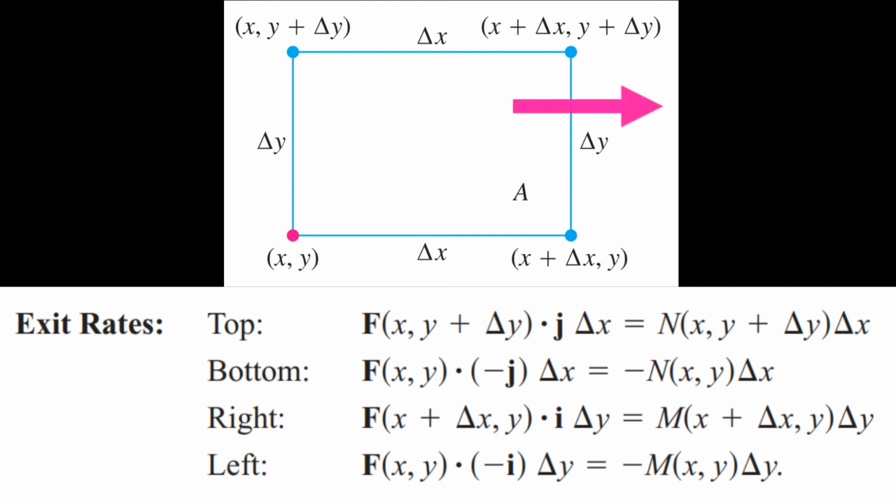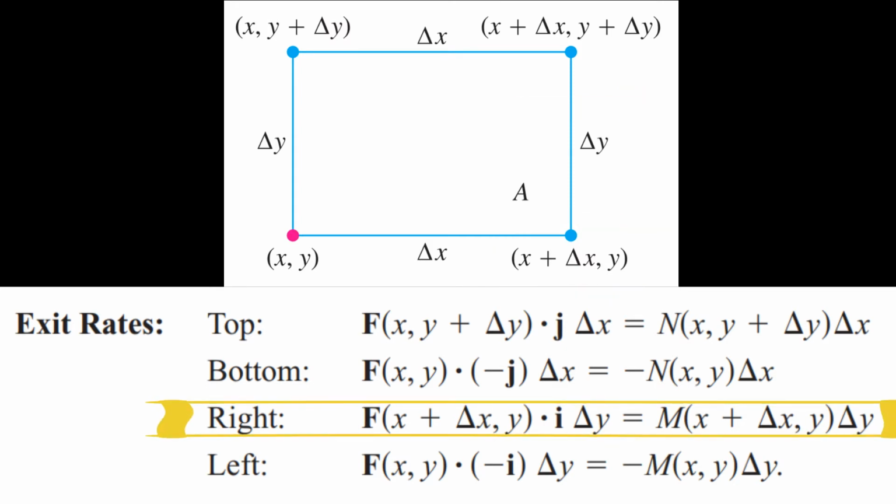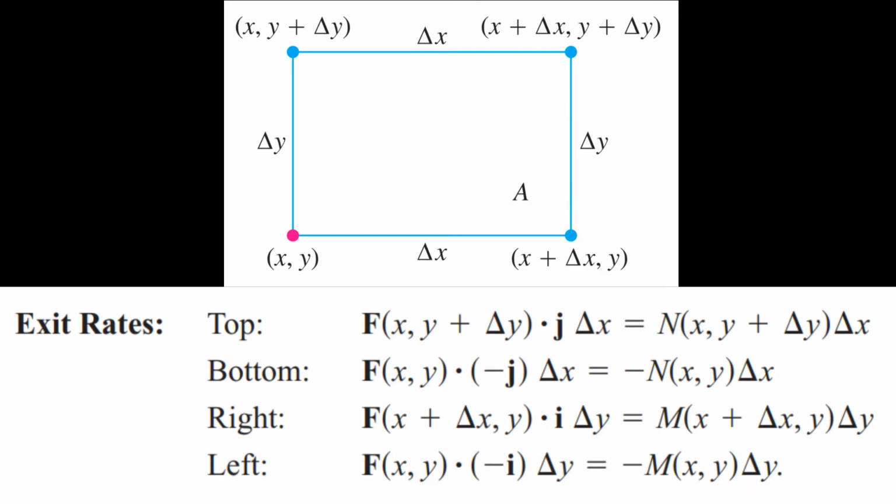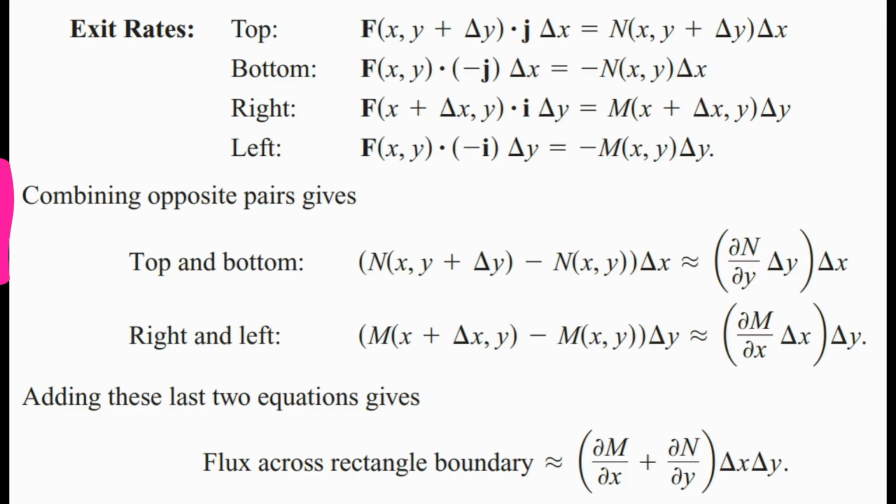Right face: F(x plus delta x, y) dot i delta y. This is because i is the outward normal to the side on the right of the rectangle, and we evaluate F at the point (x plus delta x, y) on the side. Since F is equal to Mi plus Nj, we get this value. Similarly, on the left side, this is the value. Combining opposite pairs gives this one.